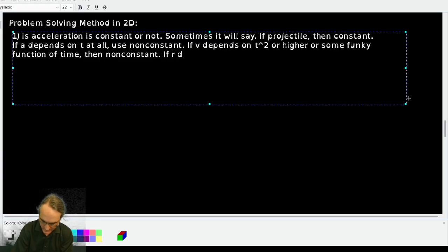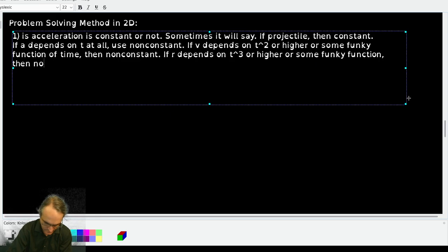If the position depends on t cubed or higher in terms of polynomials, or some funky function, then you have non-constant acceleration. So look for those things. You need to categorize that pretty quick in terms of the process.